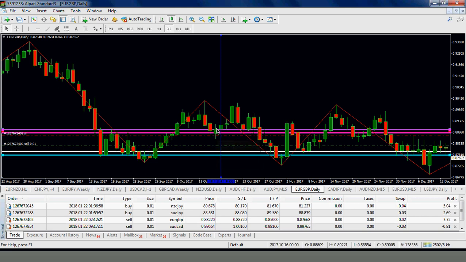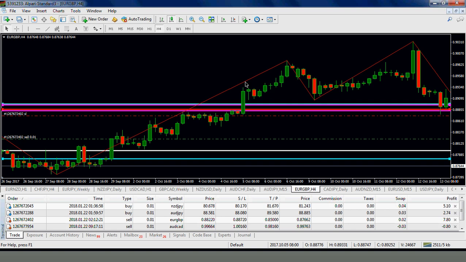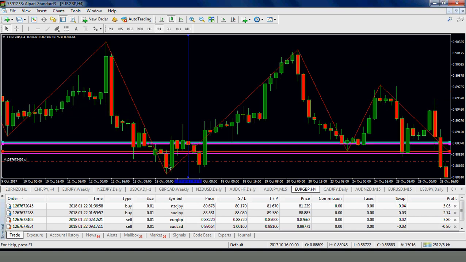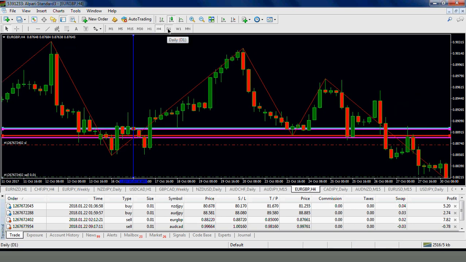So if we're online and we see a formation like this, now like I said, we are using daily as the longer time. If you go to 4 hours, there should be a zigzag below a candlestick. Let's go to 4 hours and see that. Can you see that? You have a zigzag line here on 4 hours. So it's a good setup.